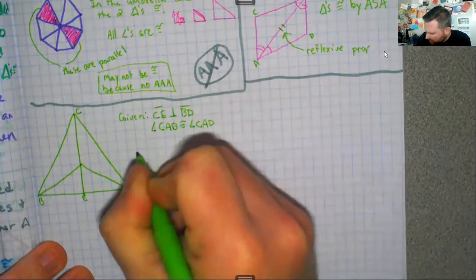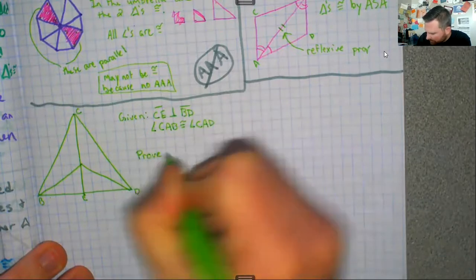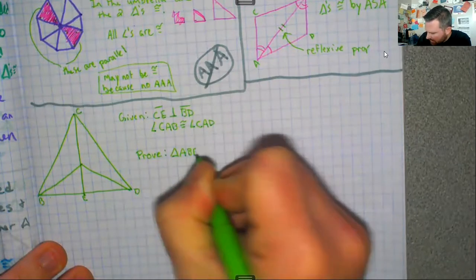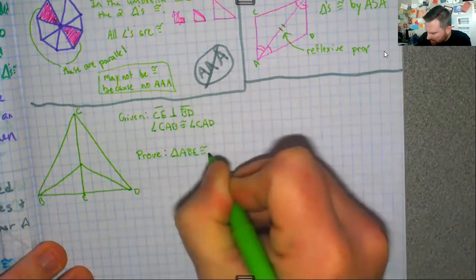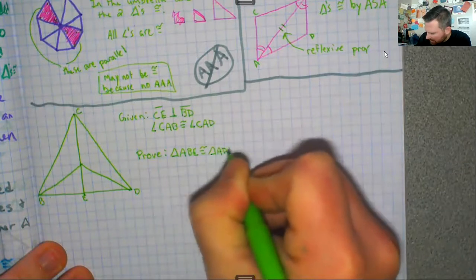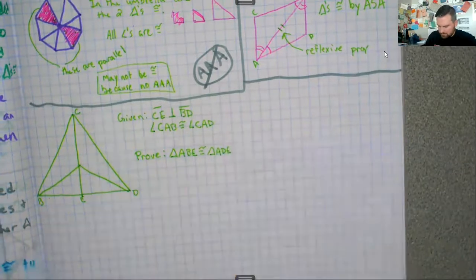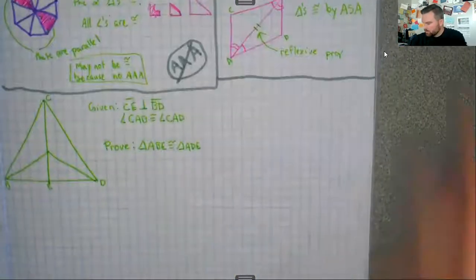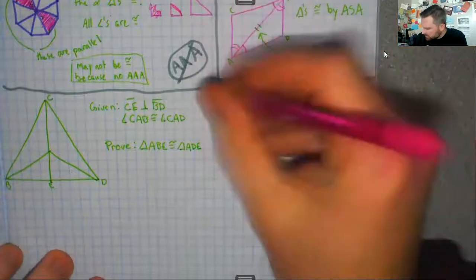We want to prove that triangle ABE is congruent to triangle ADE. Okay, so in the proof, we start our statements and reasons.